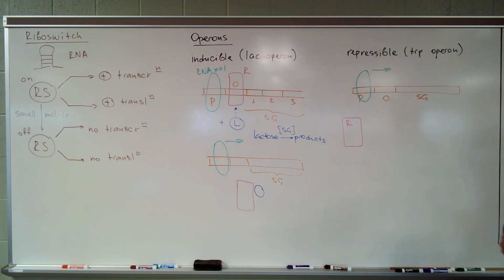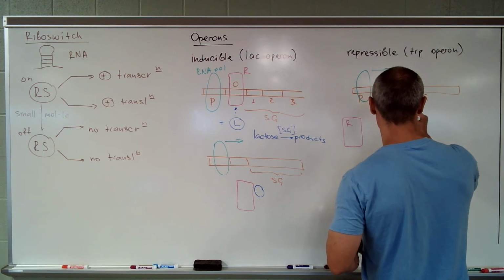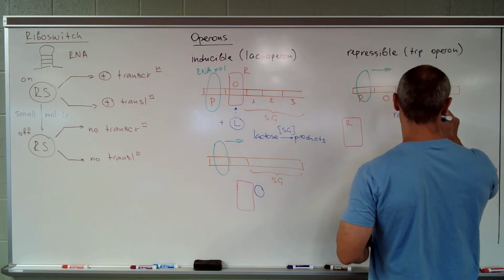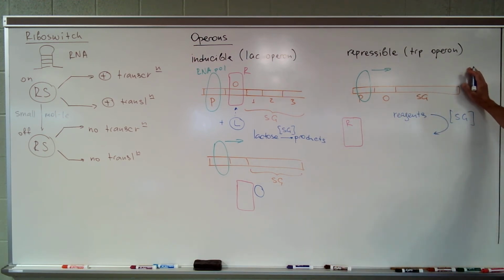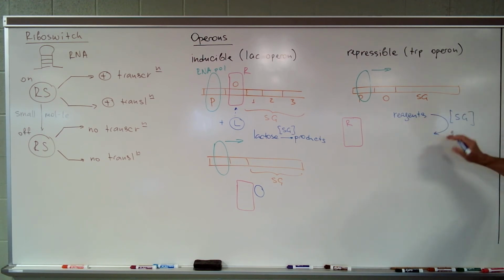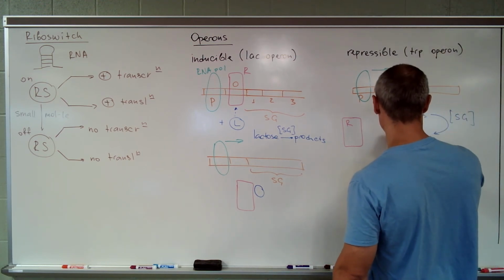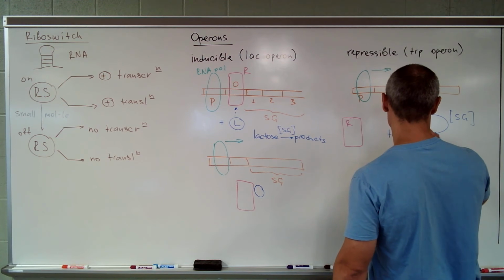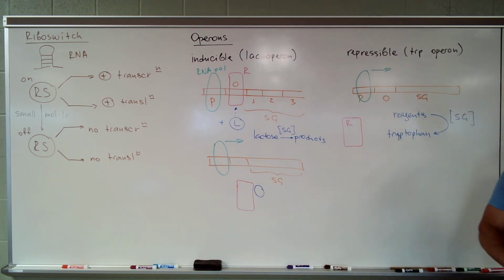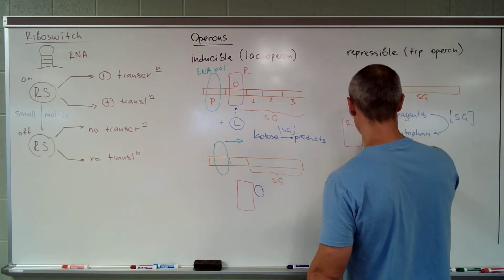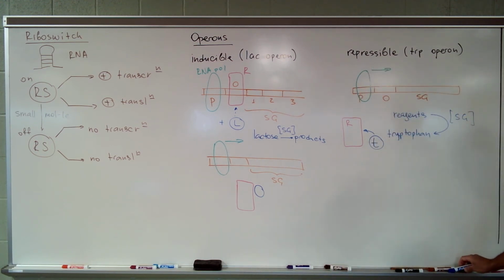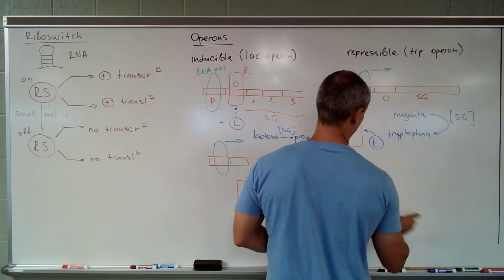Now, the structural genes, what they do, they take some reagents, whatever. And the products of the gene expression, the proteins encoded by the structural genes, they facilitate the formation of a product. In this case, it will be the amino acid tryptophan. The tryptophan binds to the repressor, and what you see now is the following.